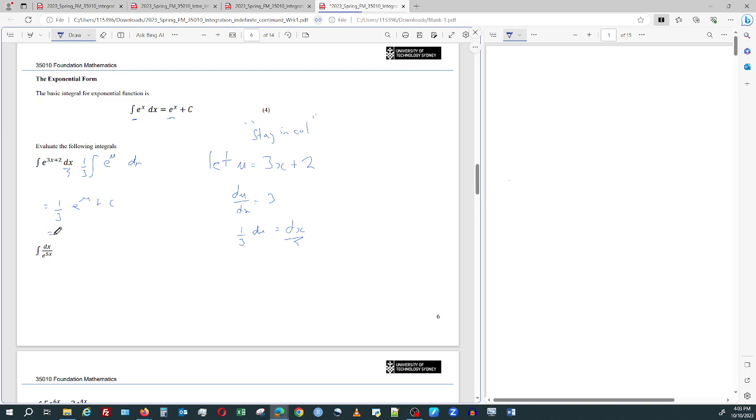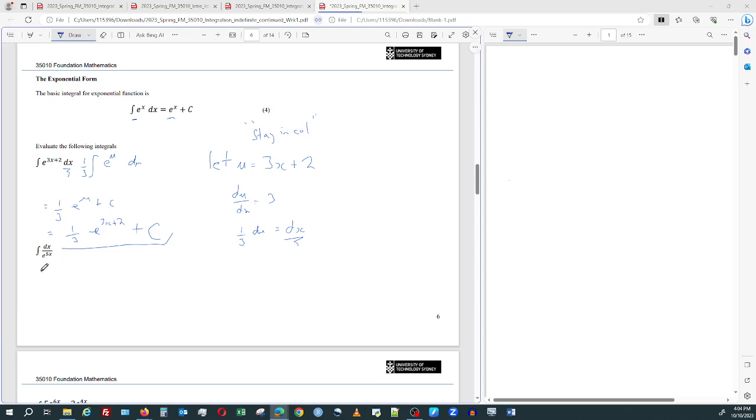If we normalise that, we'll get 1/3 e to the 3x plus 2 plus capital C. It's our final part. Very good. So pulling these together is pretty straightforward, isn't it, once you get the hang of it.